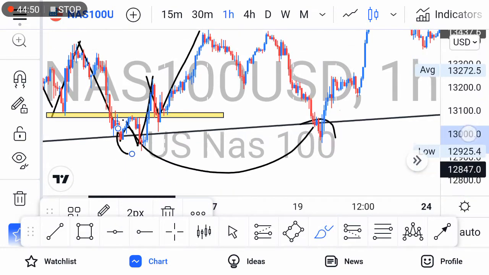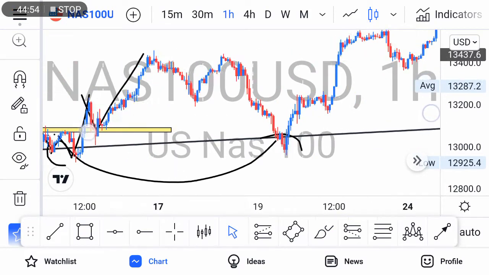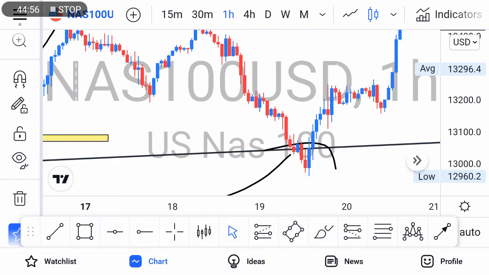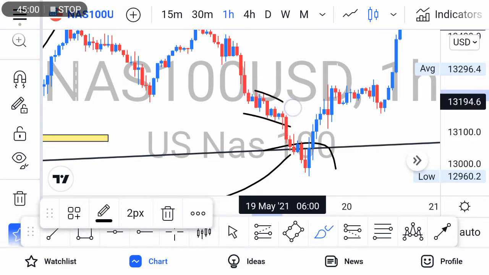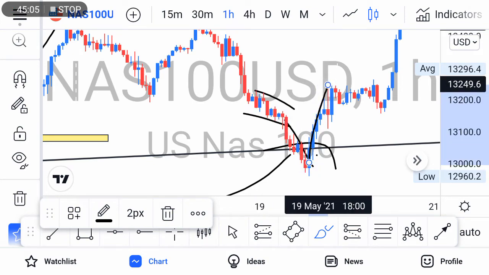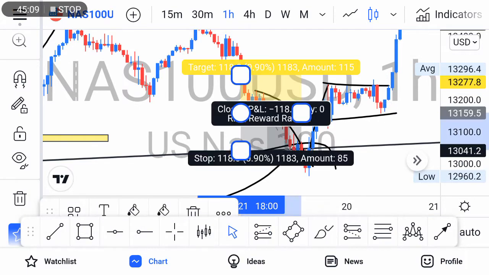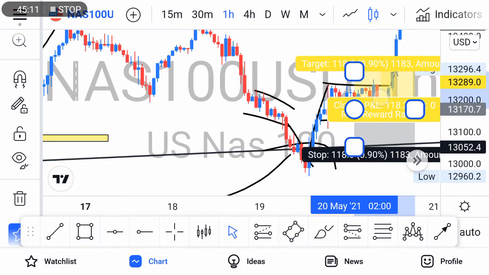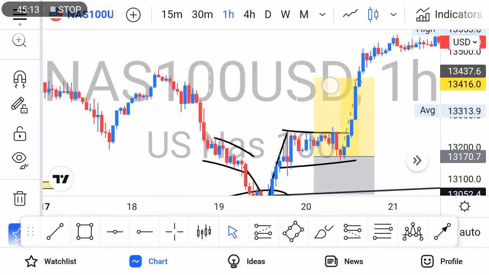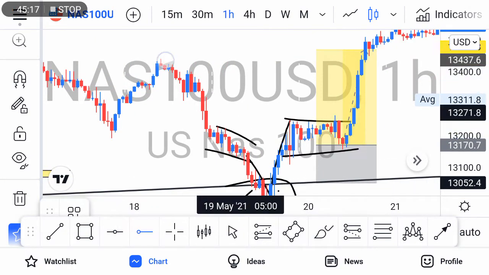And apart from that double bottom, we still have an inverse head and shoulder. You can check this left shoulder, it was falling, and here's the touch, and this is the right shoulder whereby we make an entry, and our target is here.